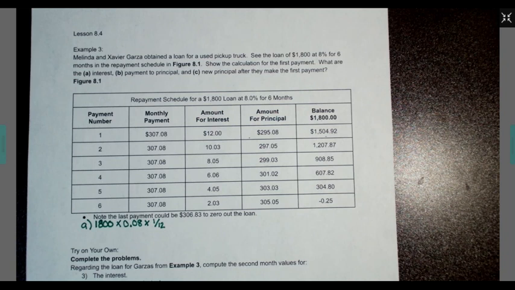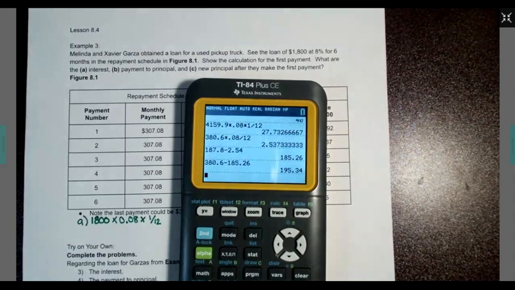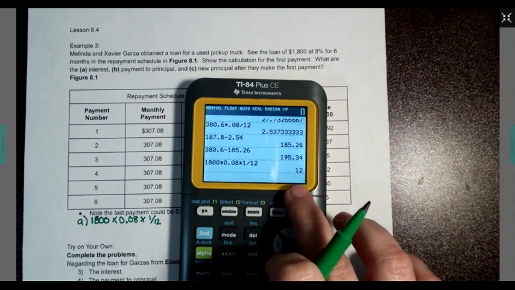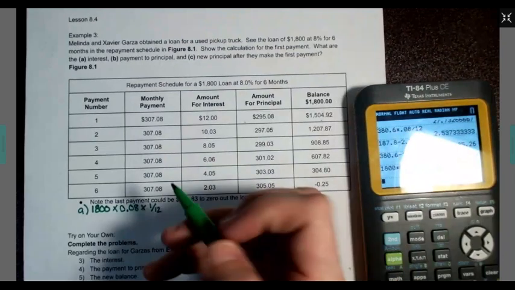Remember, time is always a fraction of a year. So let's double check: 1800 times 0.08 times 1 divided by 12. It did indeed give us $12.